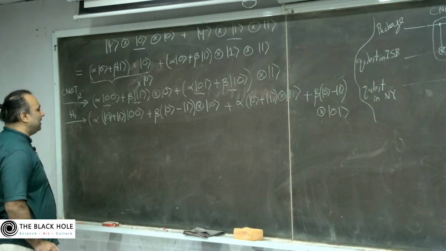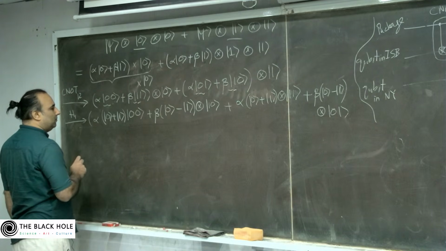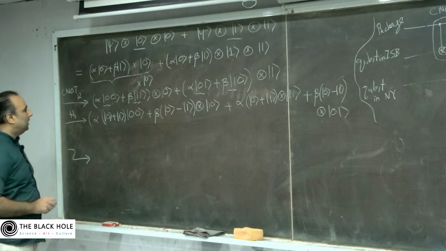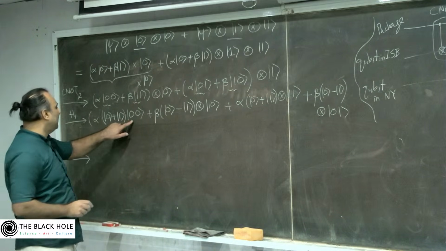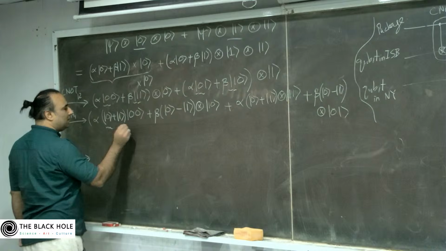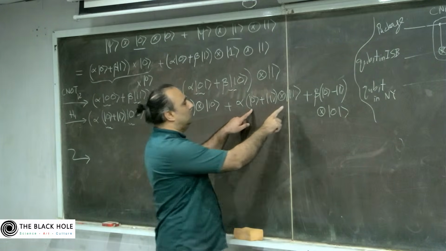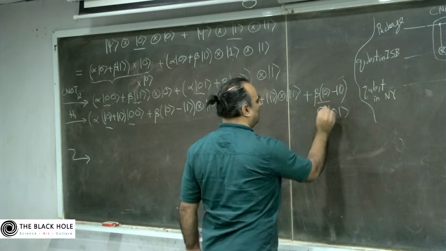Now for the first and second qubit, let's rearrange this state and write: if the first and second are in 0, it's here and here, 0, and then it's here.